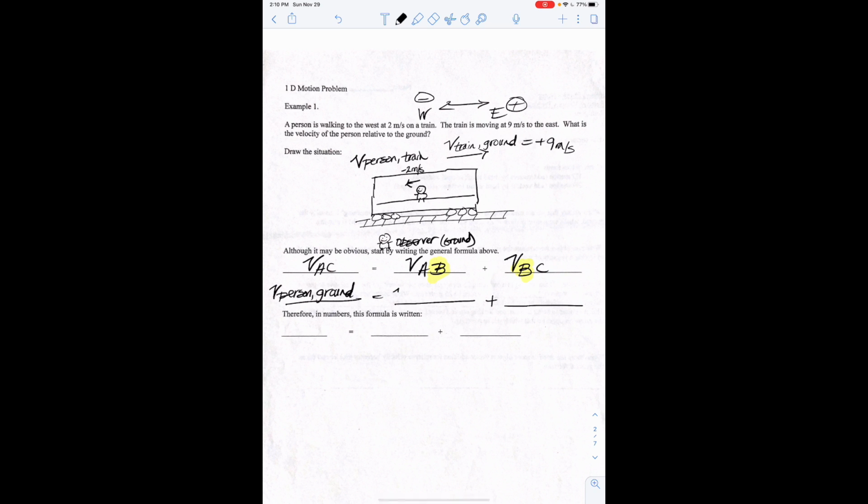So we're going to say the velocity of the person relative to the train itself plus the velocity of the train, because that's our object B, so it happens twice right there in the middle of the sandwich, relative to the ground, because that's variable C. I'm just following the formula. That's where this is coming from.